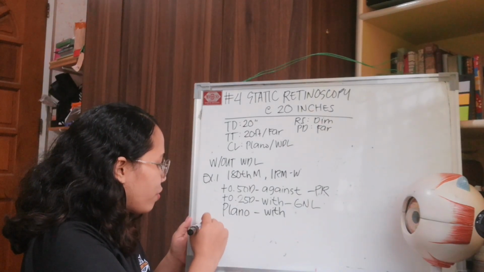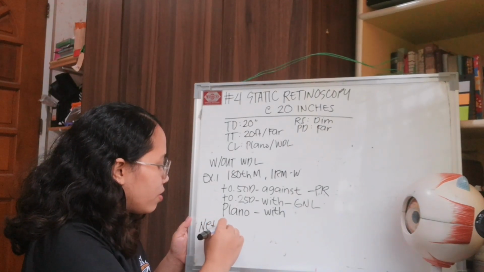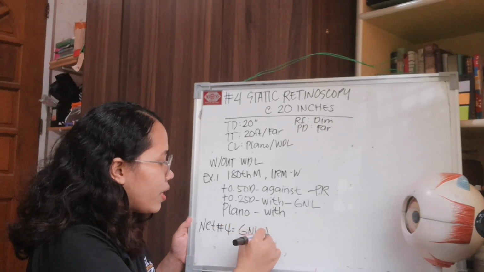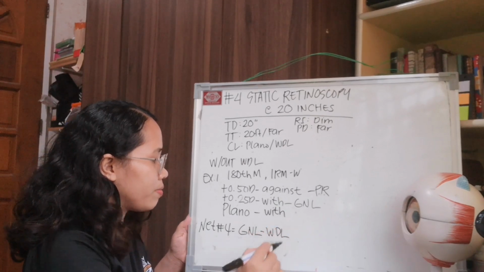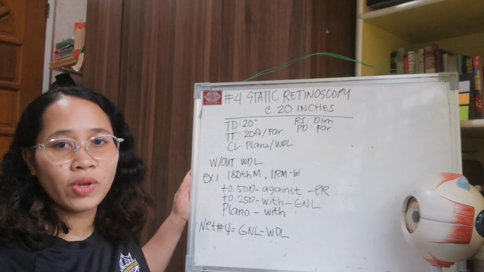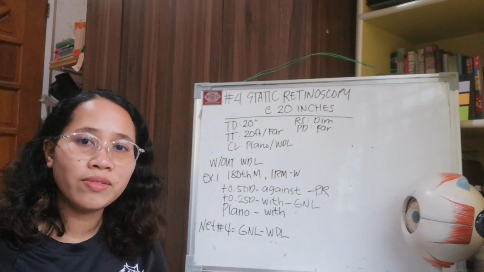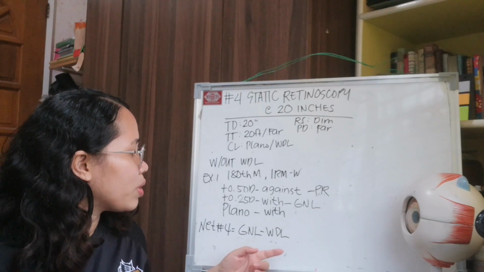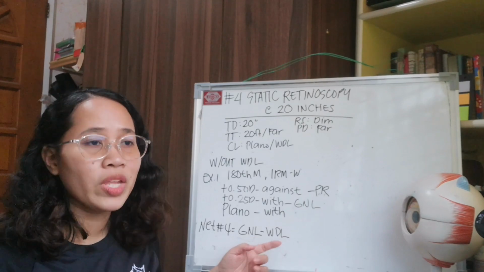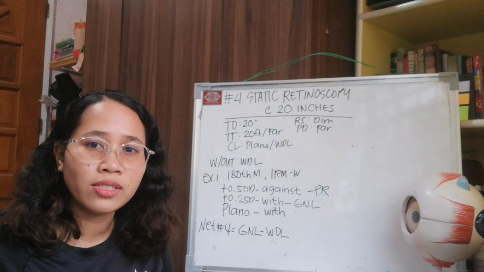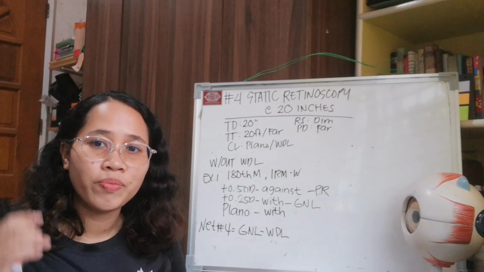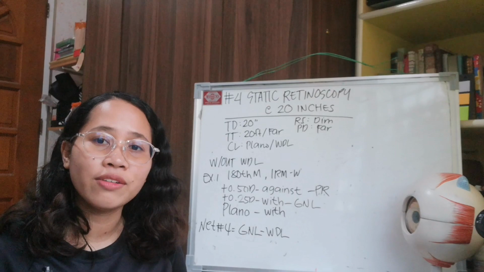Net number 4 equals GNL minus WDL. The GNL is the correct plus 25. And the WDL will depend on your test distance. So if you use 20 inches, you will have the WDL of 2 diopters. If you use 16, you will have 2.50.